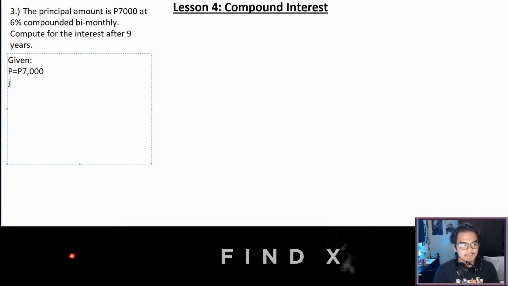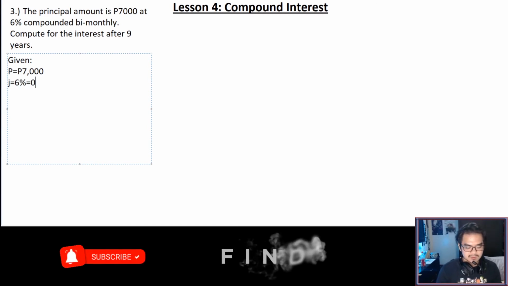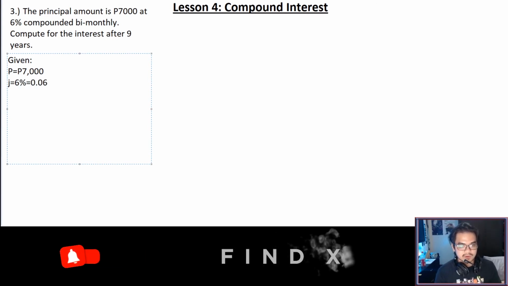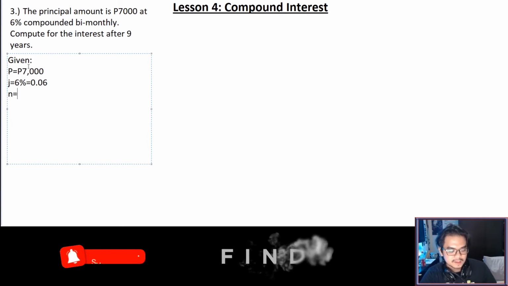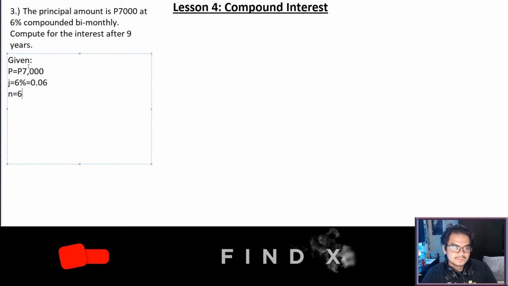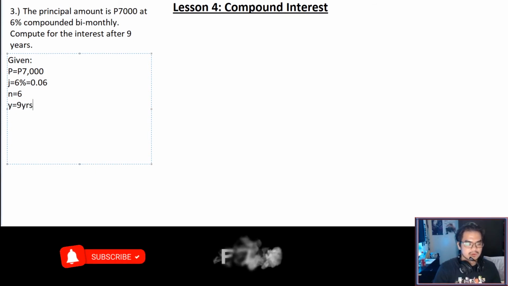Therefore, that must be a nominal rate of interest, which is J. That is 6%, or its decimal is 0.06. Bi-monthly. Therefore, the method of compounding is bi-monthly. If the method of compounding is bi-monthly, the value of n is 6. And then we have 9 years, which is y equal to 9 years.